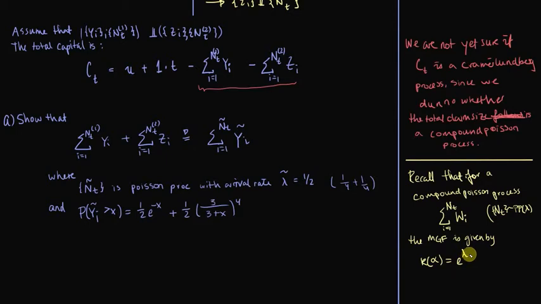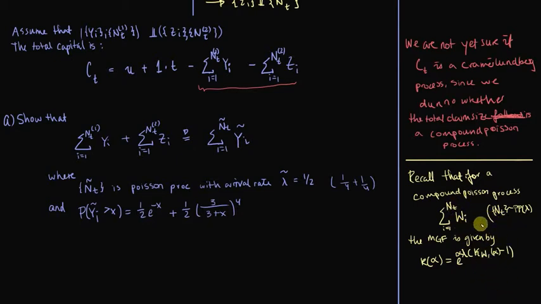So e to the lambda multiplied by the moment generating function of the claim size evaluated in alpha minus 1, and then you multiply the entire thing in the exponent by alpha.